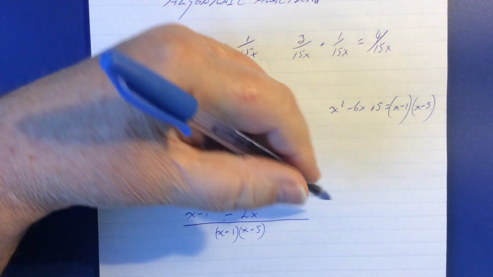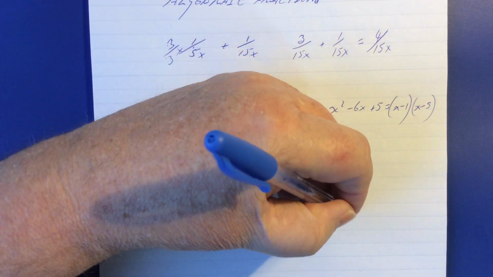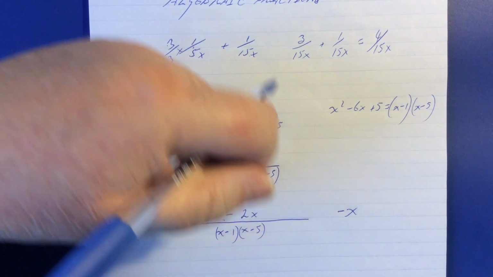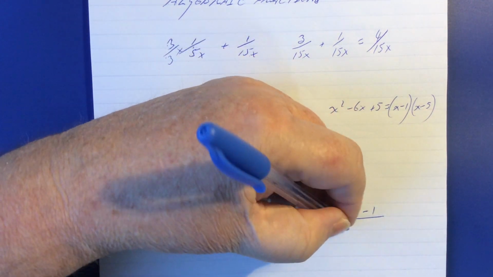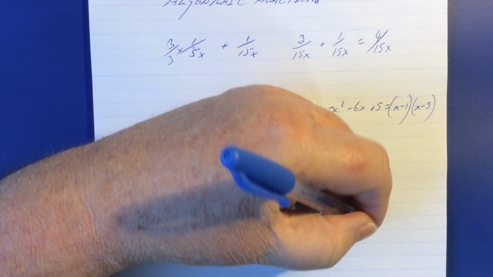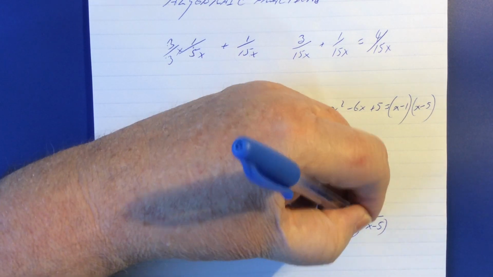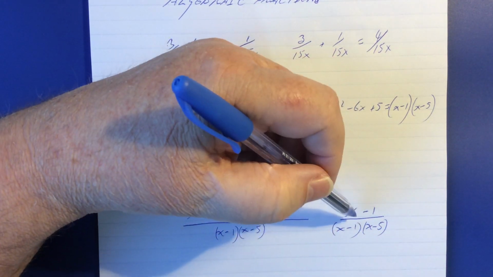Okay, so what does that give us? Well, x minus 2x is negative x. So negative x minus 1 over x minus 1, x minus 5. Don't be tempted to try and cancel that. It won't work.